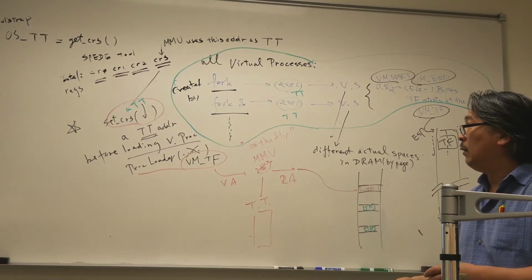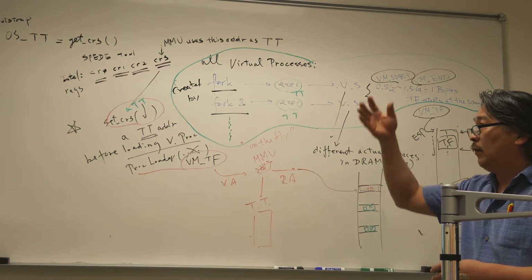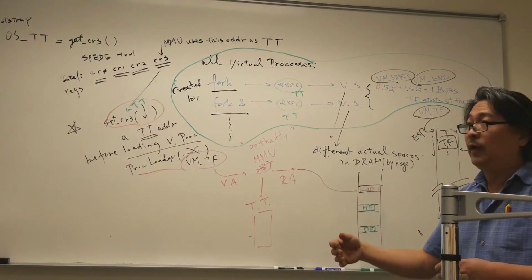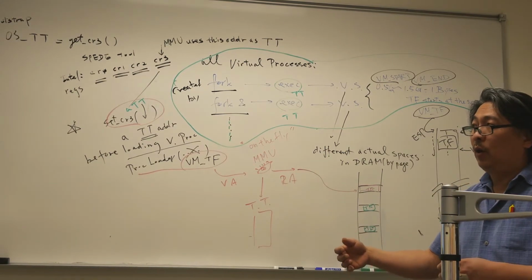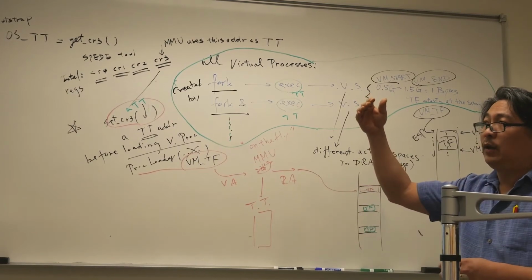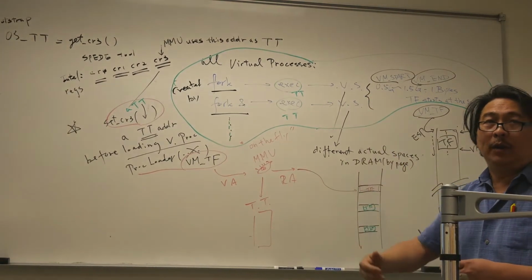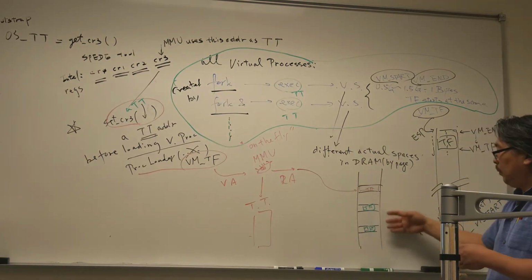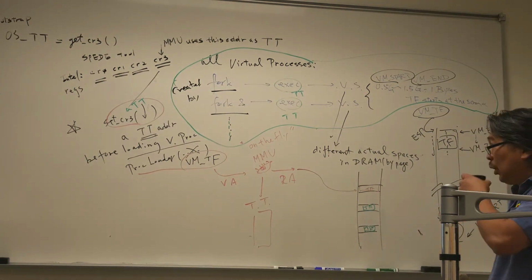So they all have the same virtual space construct of where to start the code, and where the trap frame is, but you won't fetch other people's code or get to other people's trap frame, because the mapping into the actual DRAM pages is different.